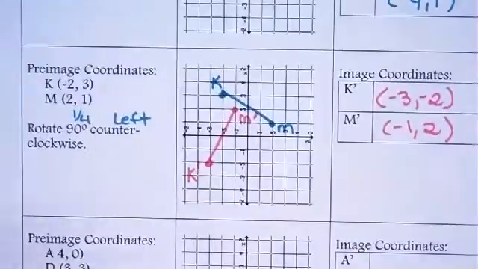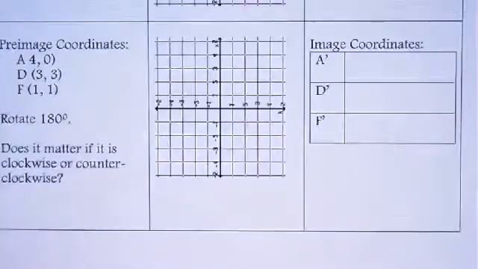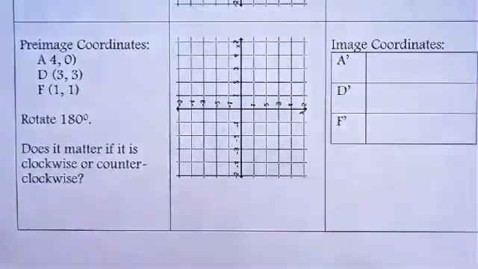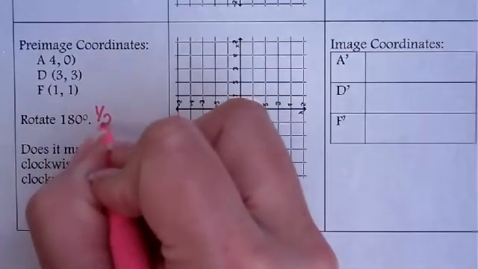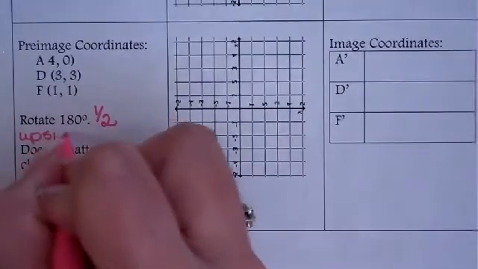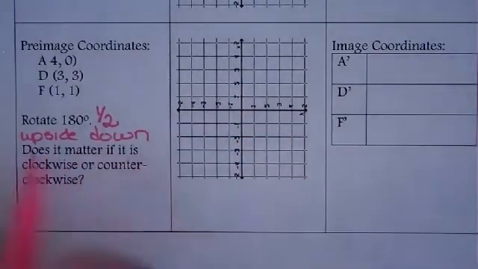Now, our last example we're going to do is a little bit different because this one says rotate 180 degrees. Okay, what that means, I'm going to go half of a circle. I think about that as just being upside down. Now notice it didn't tell me whether it was clockwise or counterclockwise.